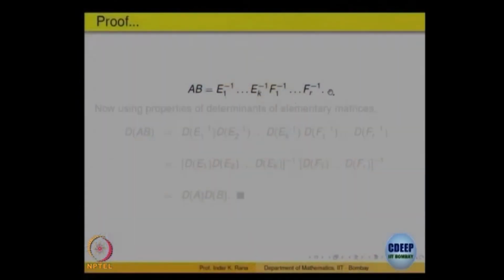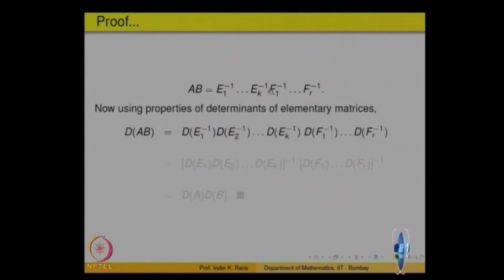So, these are all elementary. Here the product property holds for elementary matrices. So, what is the determinant of the right hand side? It is a product of determinant of E1 inverse, determinant of E2 inverse, and so on. Is that clear to everybody?